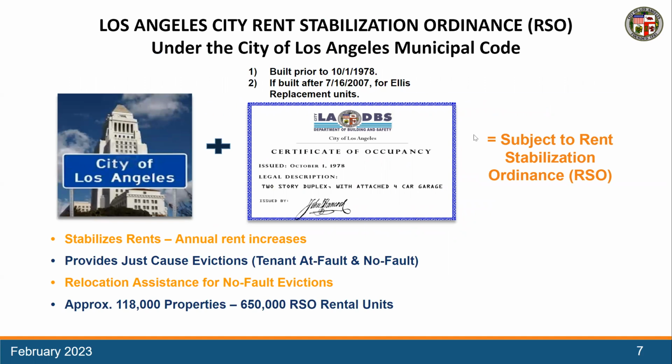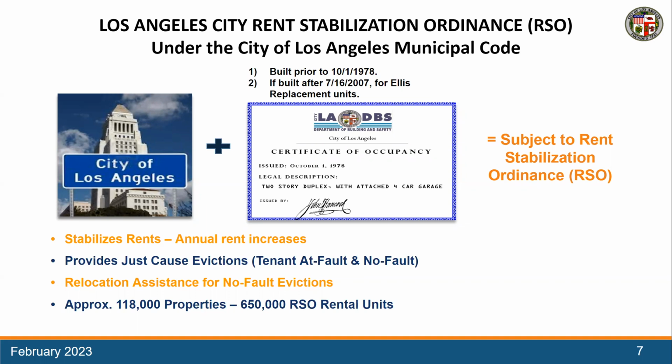Once you have determined if the rental property is located inside the City of Los Angeles, then the next important piece of information that's needed is whether or not that rental unit is subject to the City of LA's Rent Stabilization Ordinance, commonly referred to as the RSO.